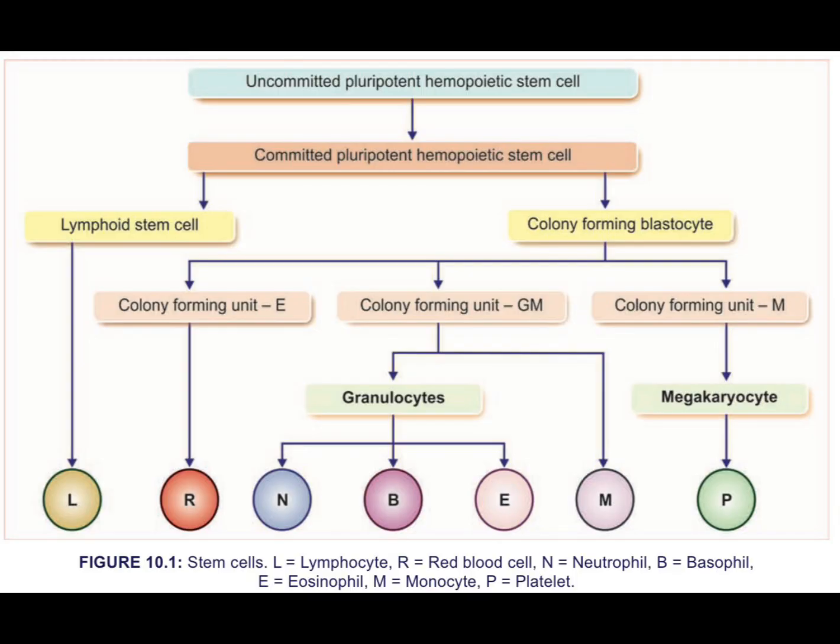The colonies are colony forming unit of erythrocyte that form the red blood cell, colony forming unit of granulocyte that form basophils, eosinophils, neutrophils, alongside also produce what? Monocyte also. And the last one is colony forming unit of megakaryocyte that give birth to what? Platelets. So I've explained it already.